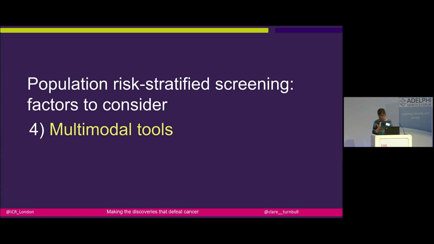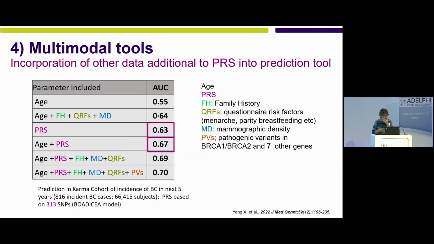One of the solutions put forward is that you don't just have a polygenic risk score to risk stratify. You bring in lots of other things. You have a multimodal risk prediction. And this is some data using that 313 SNP prediction test for the polygenic risk score for breast cancer, in a very nice data set from Sweden. It was a research study. They looked at what you get if you combine different things.